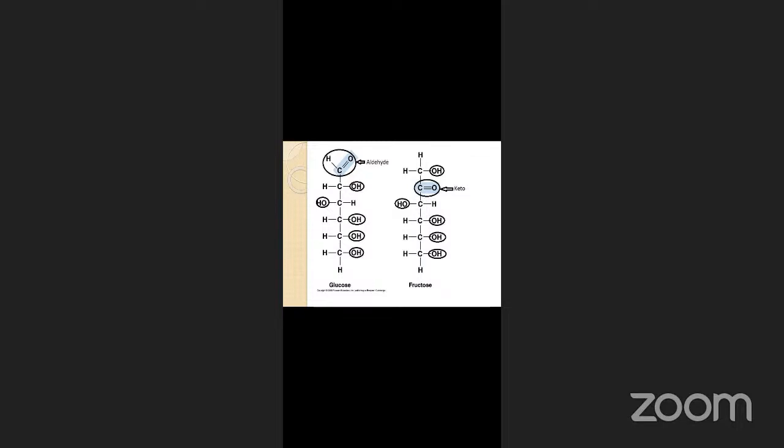So it is highlighted. Other than that, every carbon will have H and OH. Even based on their orientation, the molecules will change. That we will discuss later. So this is the differentiation based on the functional groups, aldehyde and ketone.